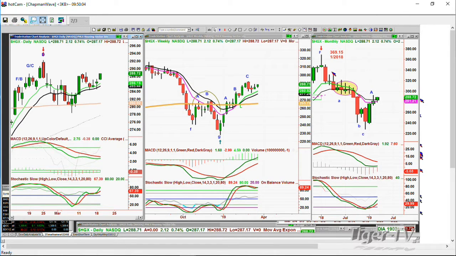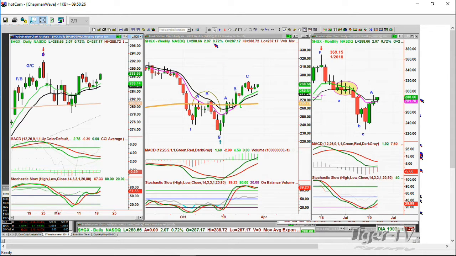New York Stock Exchange also hasn't made its all-time high. The HGX, Philadelphia Housing Sector Index, from 369 plunged to 229, 130 point, 120 point. That is huge. I mean, it's a third, and now it's up very nicely.